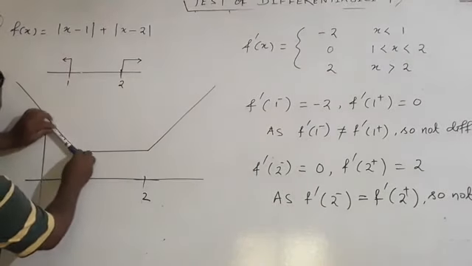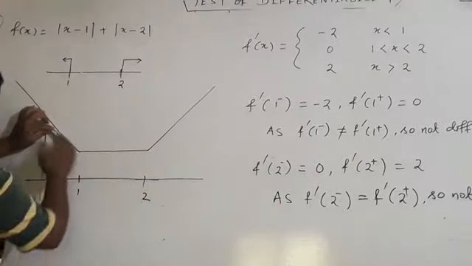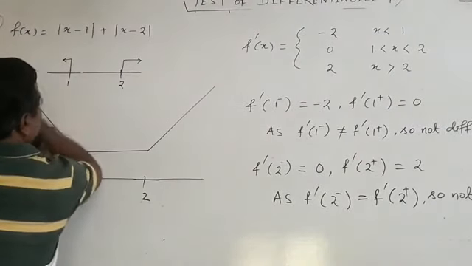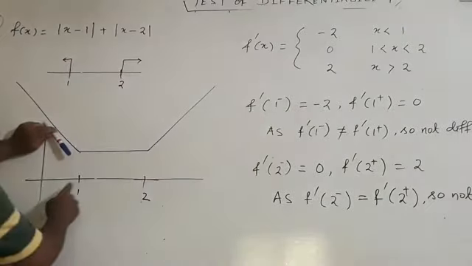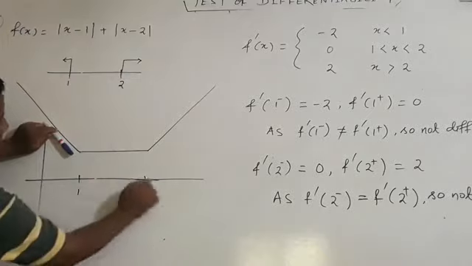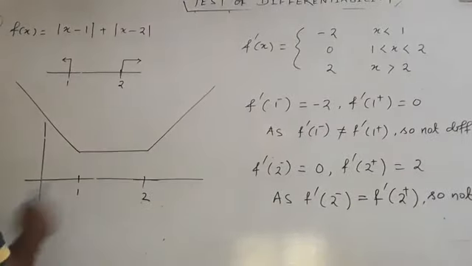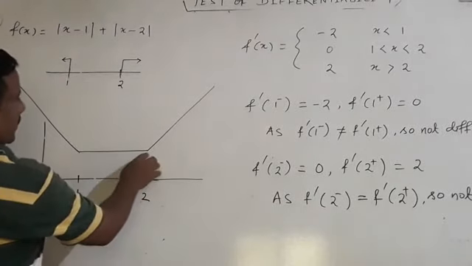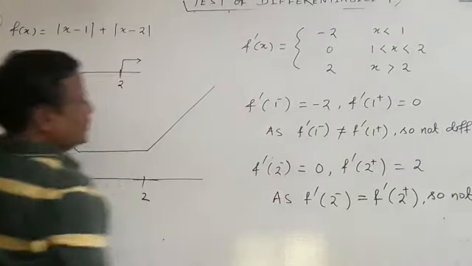Secondly, mind it. When x is less than 1, this line is inclined towards the left, so its slope is negative. When x is between 1 and 2, it is parallel to the x-axis, so its slope is 0.